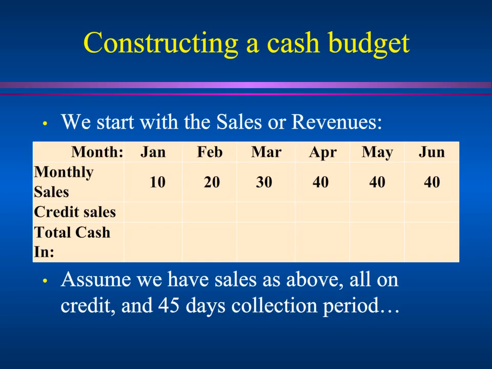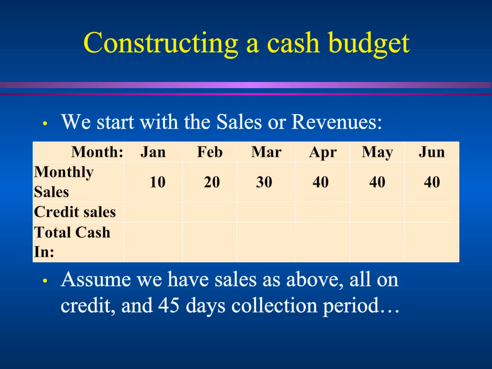So, if we start with our sales and revenue, I've only given us 6 months here, just for demonstration purposes. If we think our monthly sales from January to June are going to look like this: 10, 20, 30, 40, 40, 40, that's where we start. We've taken our annual sales and broken them down into monthly events.